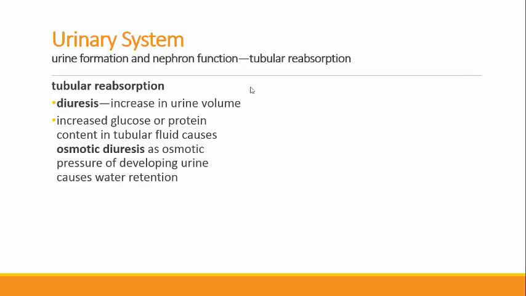And if we increase glucose or protein in tubular fluid, so if for some reason we cannot reabsorb all the glucose or proteins found in tubular fluid, or if there is damage to the glomerulus so that tubular fluid contains a bunch of protein, which is also a consequence of diabetes, then the glucose and proteins in the tubular fluid create osmotic pressure that prevents the reabsorption of water, causing osmotic diuresis, or increased fluid content because of the osmotic pressure of the tubular fluid.